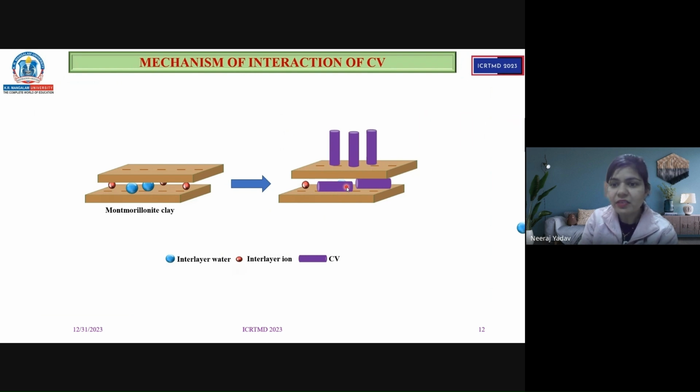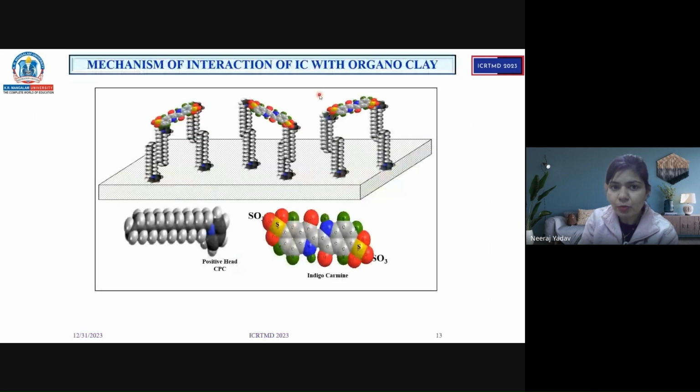Secondly, regarding the maximum possible interaction of the indigo carmine dye with the organoclay, this is the structure of the CPC and this is the structure of the indigo carmine. The possible interaction is found between the positively charged head of the CPC and the sulfonate group, which is negatively charged in the case of the indigo carmine, and the interaction will be like this. So we can say that the maximum interaction will take place on the surface of the organoclay.